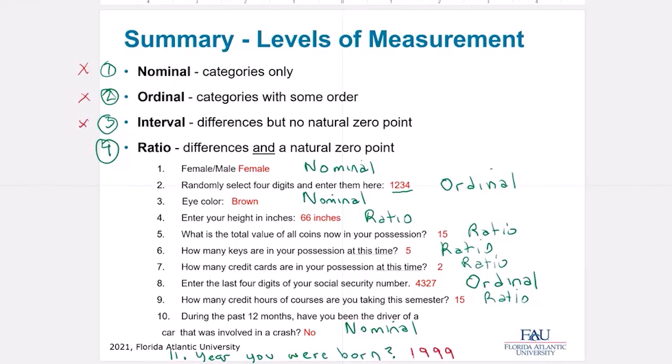This would be interval because if I was born in 1999 and you were born in 2005, we could definitely take the difference and see how many years apart we are. But there's no natural 0 starting point. If I said the difference in our years, it would be ratio. But the year I was born, no one that I'm going to ask was born in year 0. It doesn't have a starting point of 0. That would be an interval.